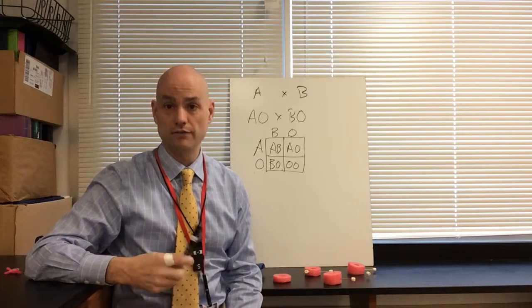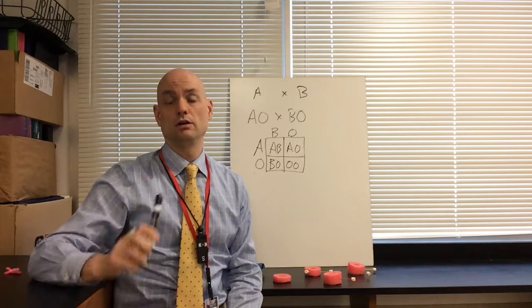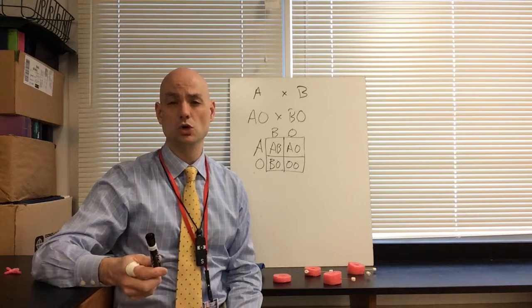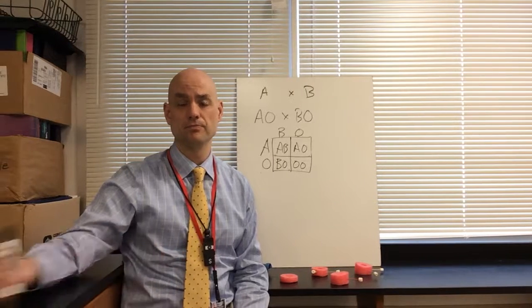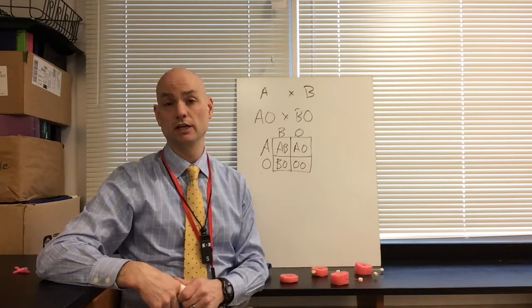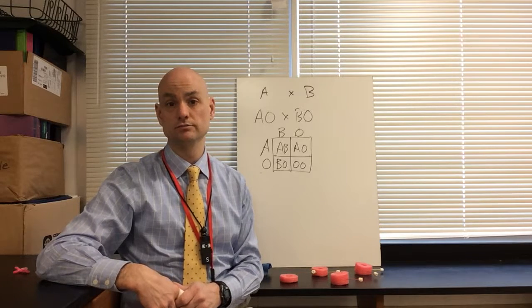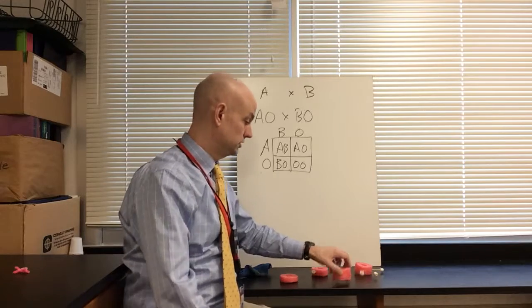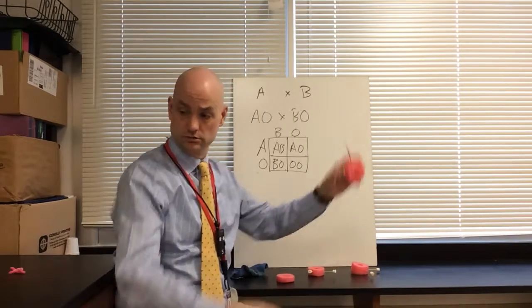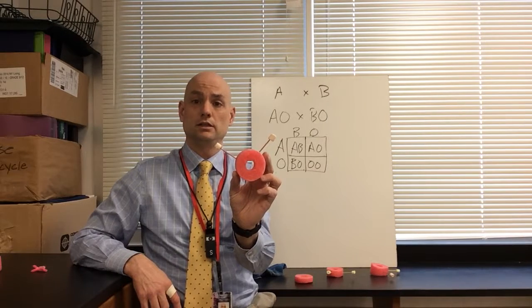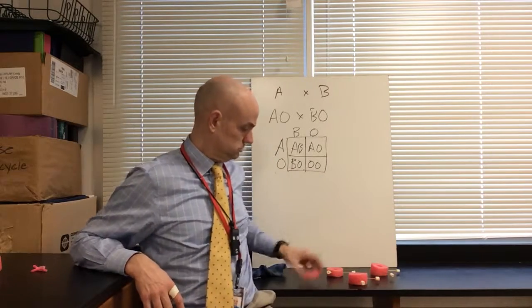Here's the question I have for you, though. How is AA different from AO? Are they different? How is the homozygous for A different than the heterozygous for A? Okay, let's see. So we said A was red. So here is A. Now O was this.